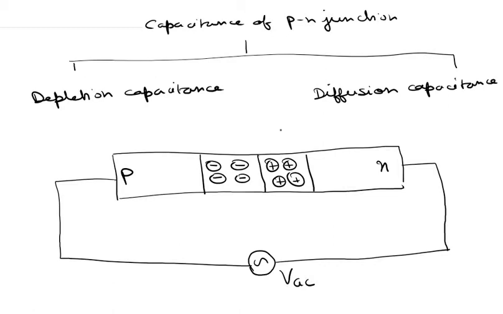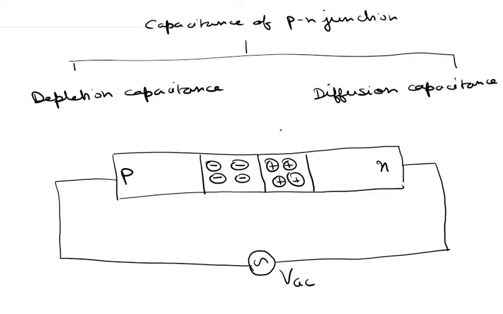So in this way, as the AC voltage changes, the depletion thickness would actually change, and this results in change of total stored charge. So as the AC voltage is changing, the stored charge at the depletion region is also changing. So this is basically a capacitor like behavior.